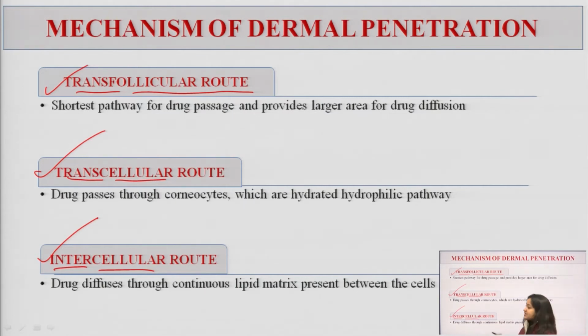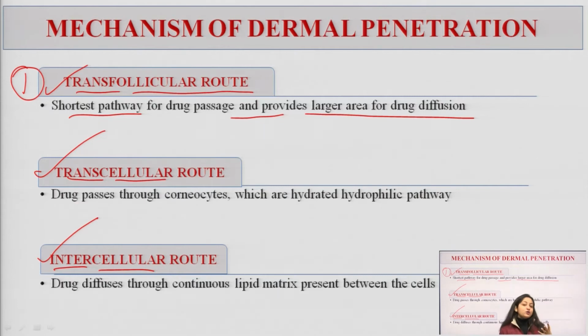So, let us understand the very first, that is the transfollicular route. Follicles are the minor openings, the follicles of hair, follicles of sebum, through which the dermal penetration of the drug occurs. This is the shortest pathway for drug passage and provides a larger area for drug diffusion.